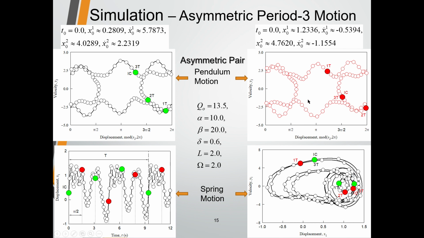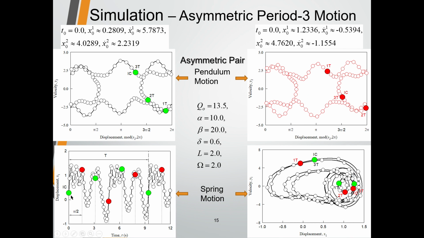Now, for both branches, the motion of the spring is the same. So if you look at the trajectory of the motion of the spring, it's basically the same for both branches. And on the bottom left here, we're showing you the displacement of the spring, with the green dot representing the periodic node of the black branch, and the red dot representing the periodic node of the red branch.